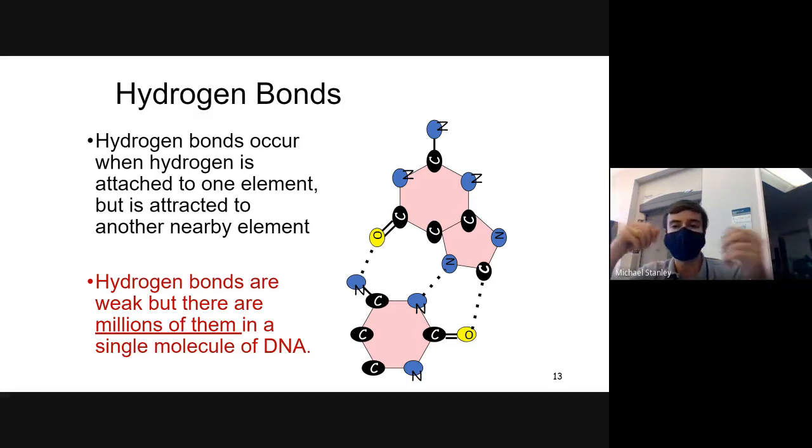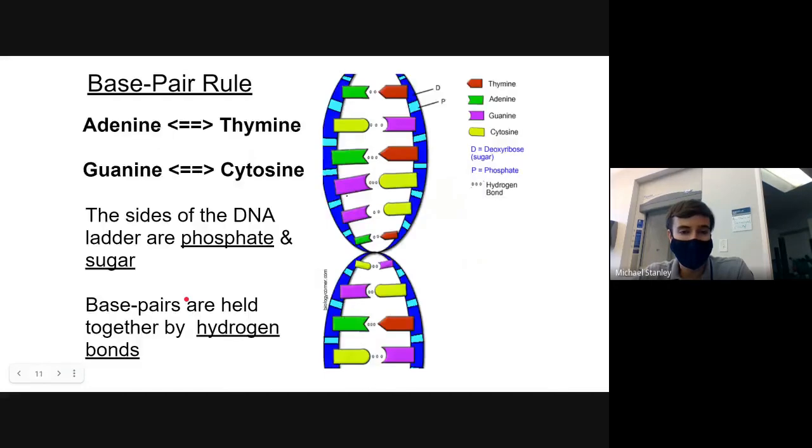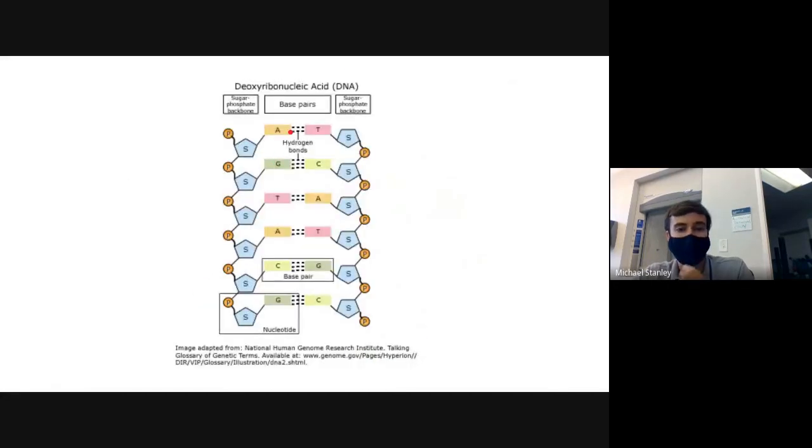The T's and A's, the G's and C's, are connected by these hydrogen bonds. Again, normally they're very weak bonds, but there are so many of them that it gives a really strong overall connection between the two. That is what the little lines in this picture are supposed to represent.